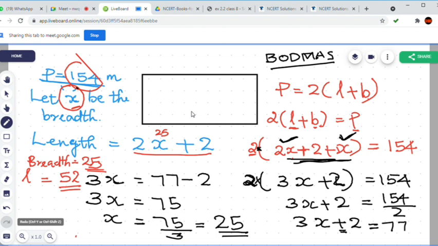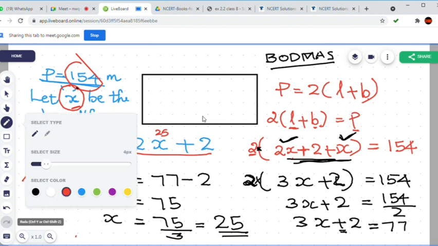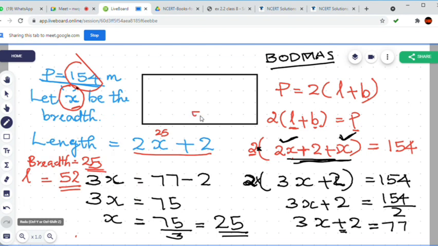So in our rectangular pool, its length is 52 and breadth is 25, that is what we got. Okay, then you can apply the formula of perimeter and check whether it is 154. What should we do to check whether it is 154? 52 and 25.